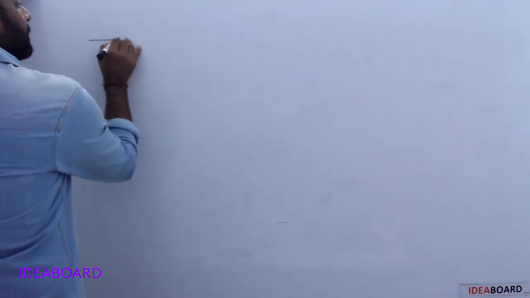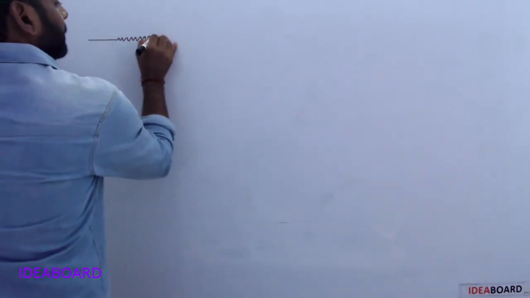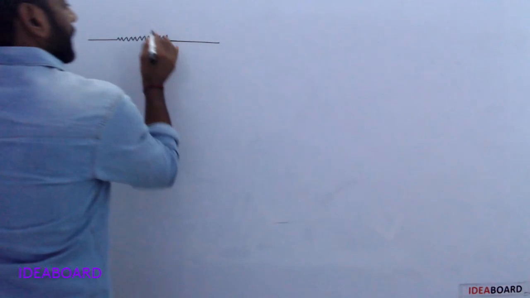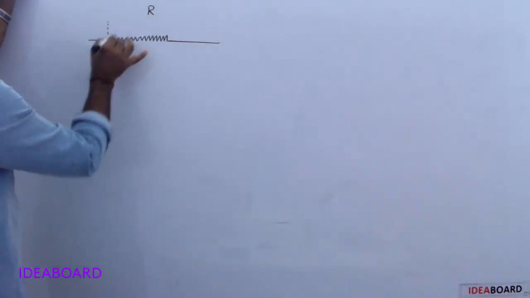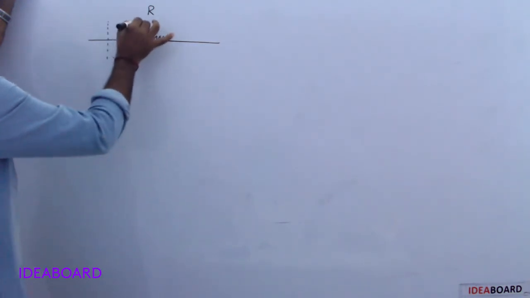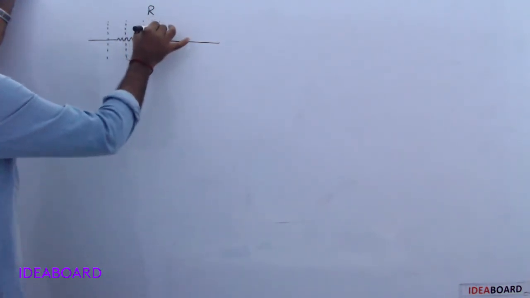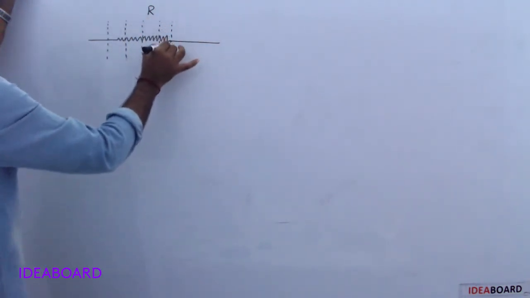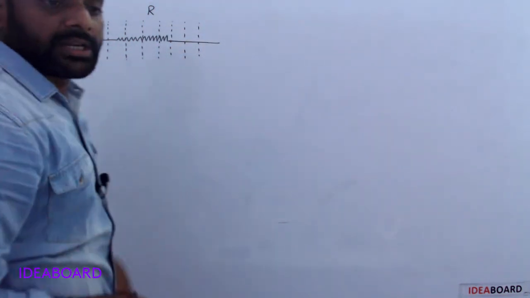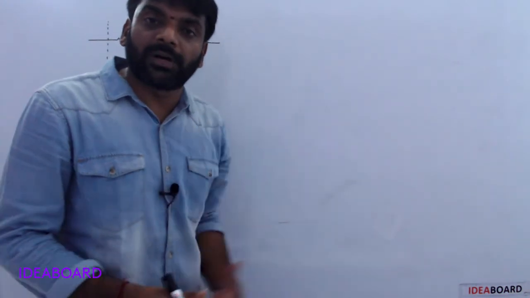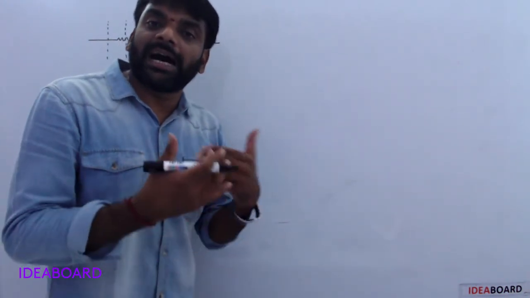If one wire of resistance R is cut into n equal parts, then each part has resistance R by n.